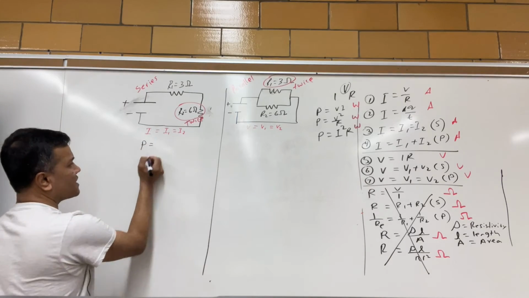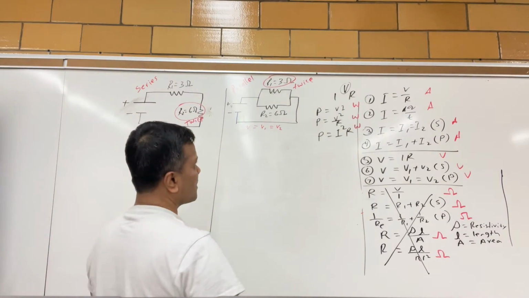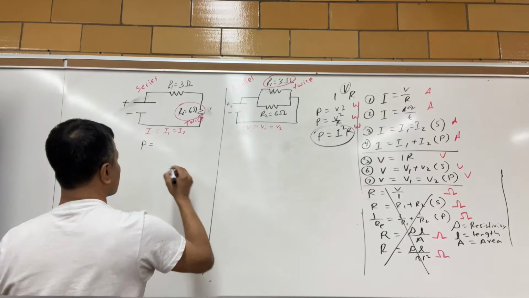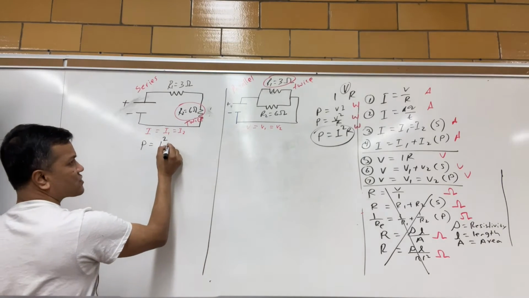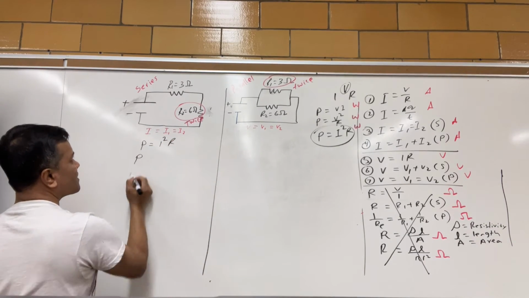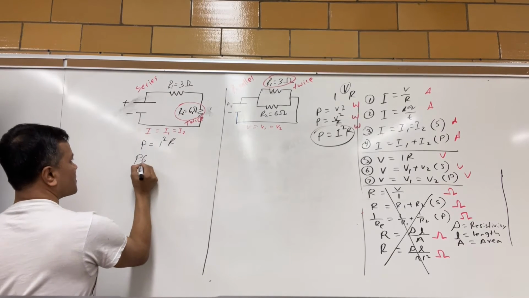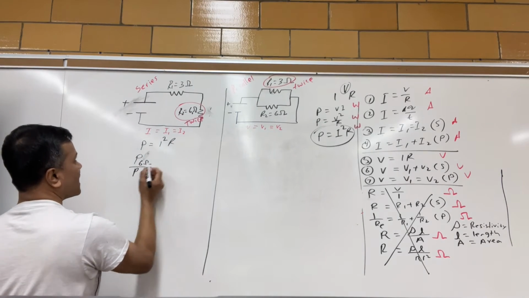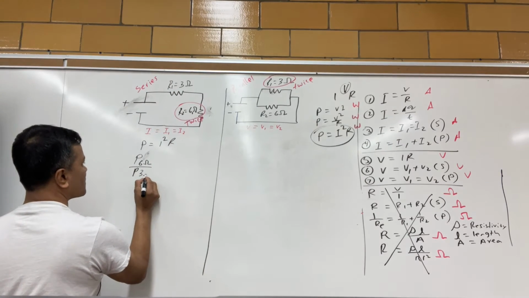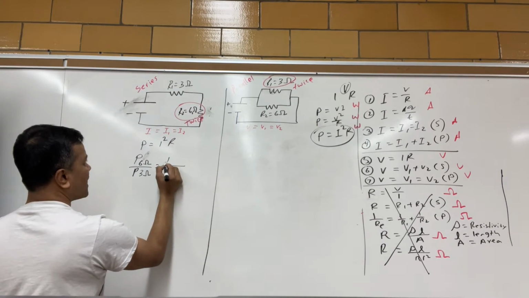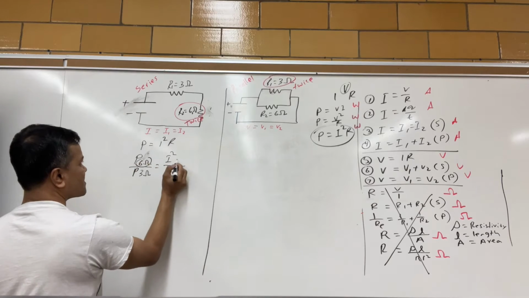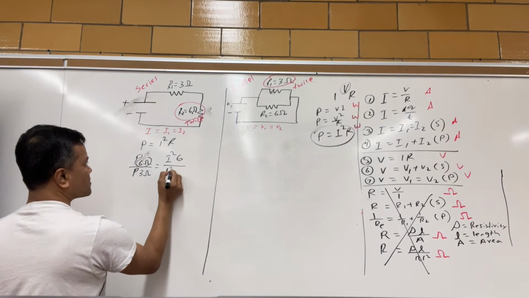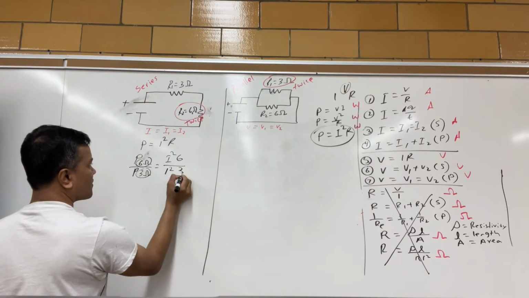So the power, we're going to use this formula, I square R. So the power at 6 ohms and the power at 3 ohms is I square 6 and I square 3.